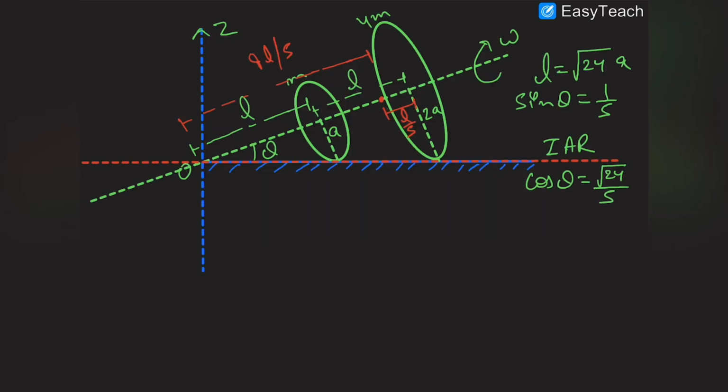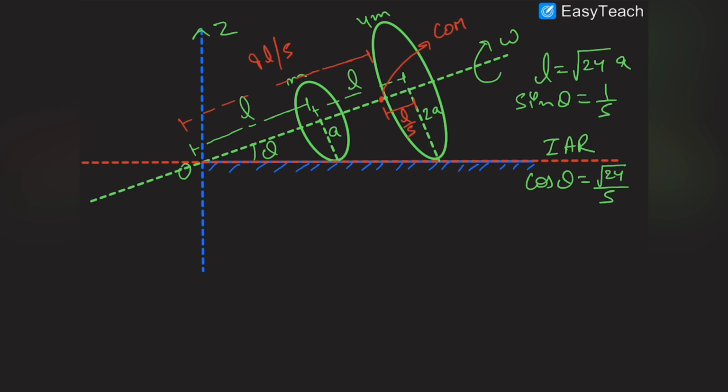I have drawn this diagram here. This is the disk of radius a, this is L, this is radius 2a, and this mass is 4m, this is m. The center of mass of this system would be at this point, COM, and this distance would be L by 5, and the total is 9L by 5.